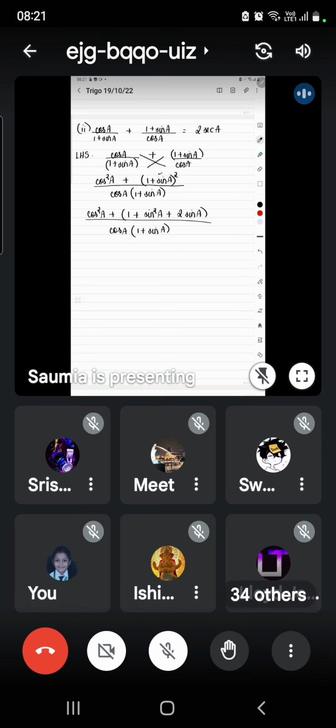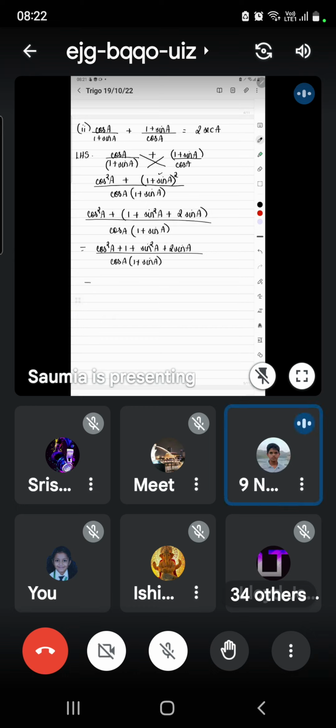Now, what to do next? Think. I need not use the bracket. I can just write cos square A plus 1 plus sin square A plus 2 sin A upon cos A into 1 plus sin A. Then what can I do now?